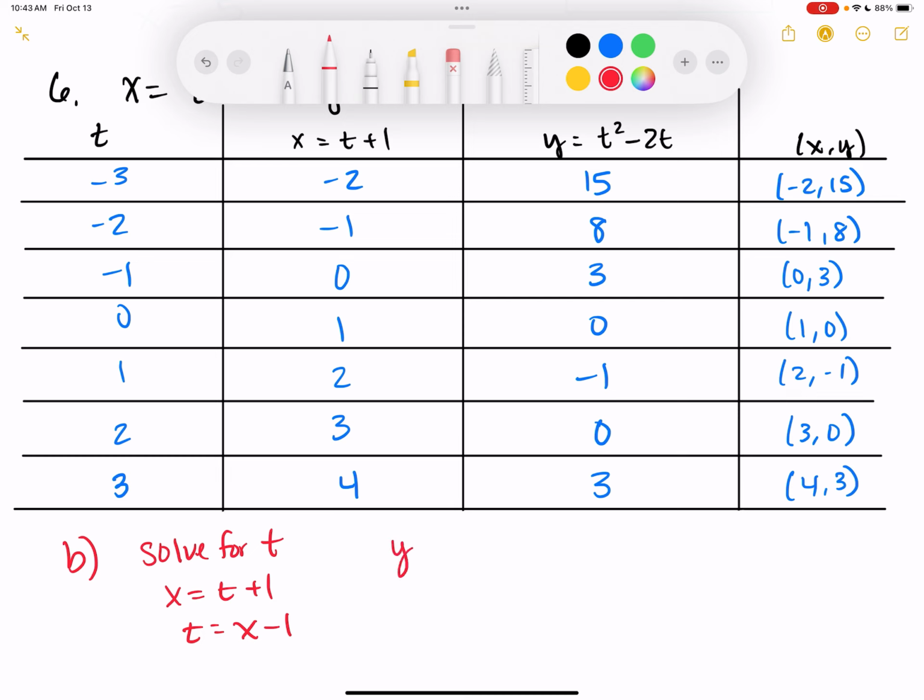Then y of t is basically anywhere we have a t, we're replacing it with x minus 1. So that would be x minus 1 squared minus 2 times x minus 1.